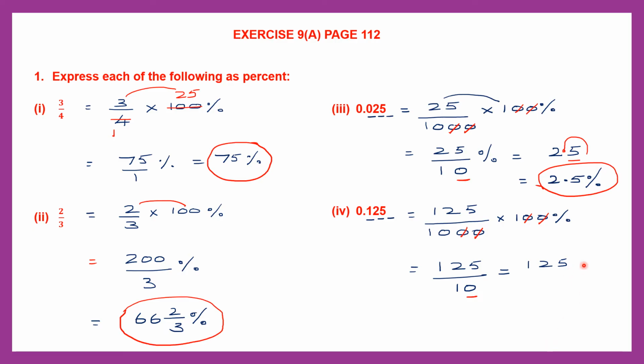The point will move from the right to the left and come here. So this is 12.5 and I need to put the percentage sign. So I have converted my answer to 12.5%. What did I have in my question? 0.125. It has now become 12.5%.